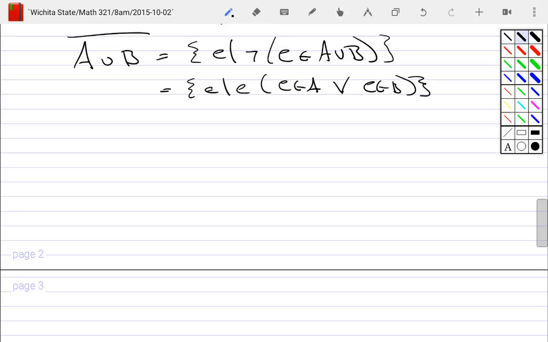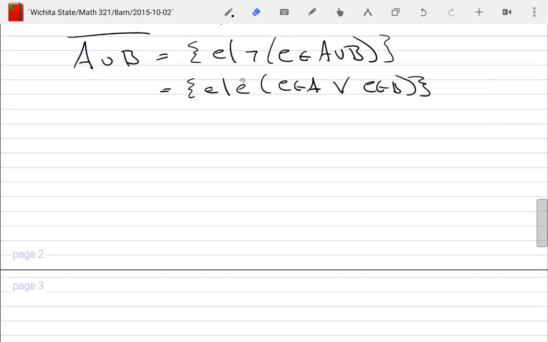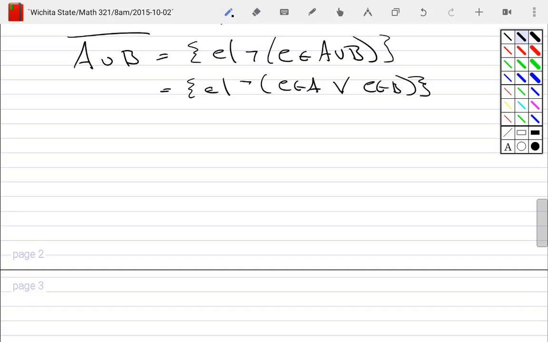But I wrote it's not the case. What's not that? What would I use? It's not in A and not in B. What logical thing did I use? De Morgan's.